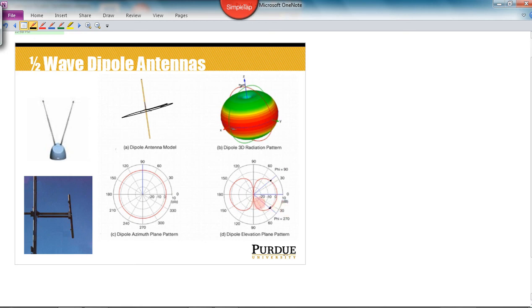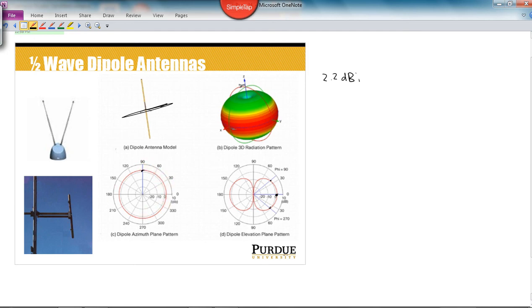The gain of the half-wave dipole is approximately 2.2 dBi, as compared to an isotropic emitter, and the value of 2.2 dBi is achieved at the horizon in the elevation plane and everywhere in the azimuthal plane. So here and everywhere here.